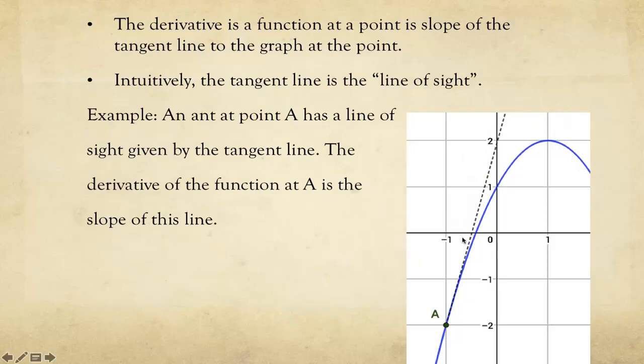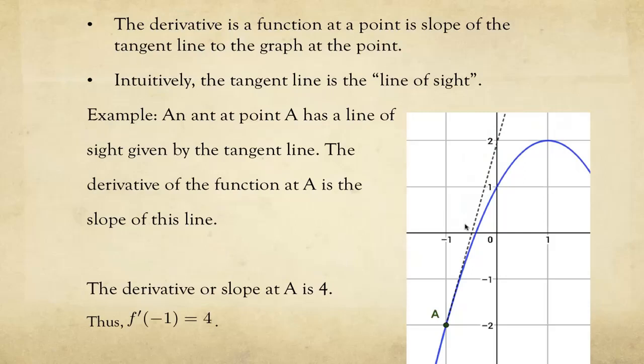Or you can imagine if you're on a roller coaster, this is the roller coaster, then your line of sight, the way that you're facing, is the tangent line. Or you can imagine Cyclops from X-Men: if he opens his glasses, then the ray that comes out of Cyclops' eyes is the tangent line. That's another way of thinking about that. And so the derivative of the function at A is the slope of this tangent line.